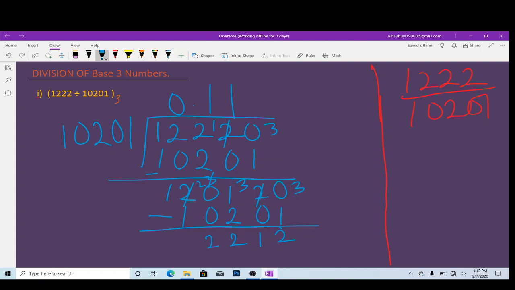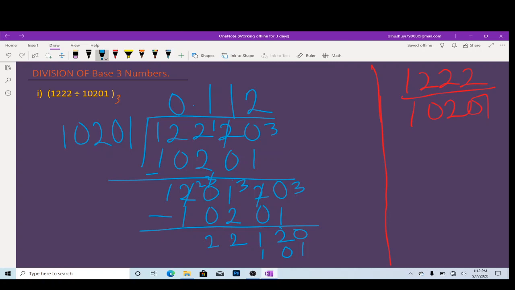Then this in this, what do you have? You have 0. It's not going to divide it, so you put 0 here. By the time this is 22 now. This is just 20120. So here you can now have 2. 2 times this is 1. 2 times 0 is 0. 2 times 2 is 4, divided by 3, 1 remainder 1.